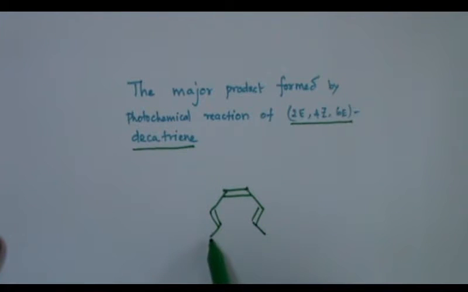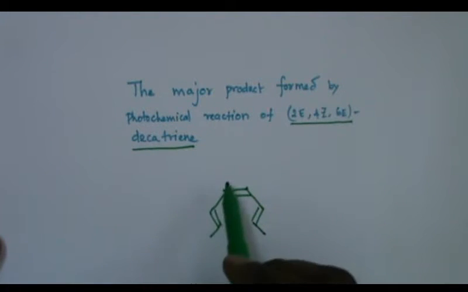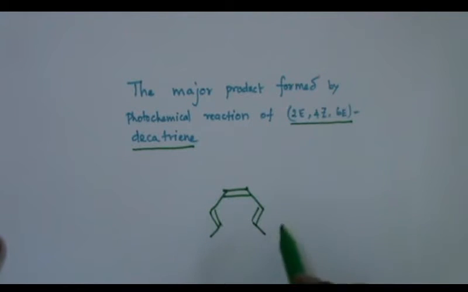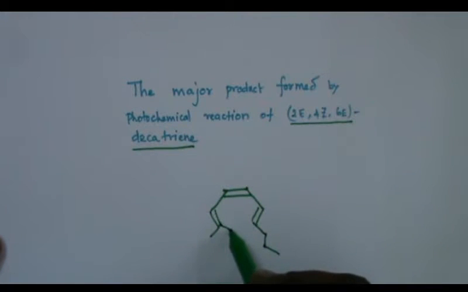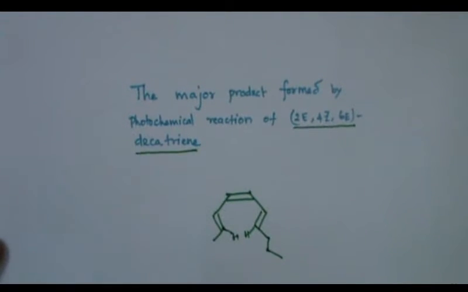Now the number of carbons: 1, 2, 3, 4, 5, 6, 7, 8, 2 more. So this is the compound. When this compound undergoes electrocyclic ring closing reaction under photochemical condition, what is the product?